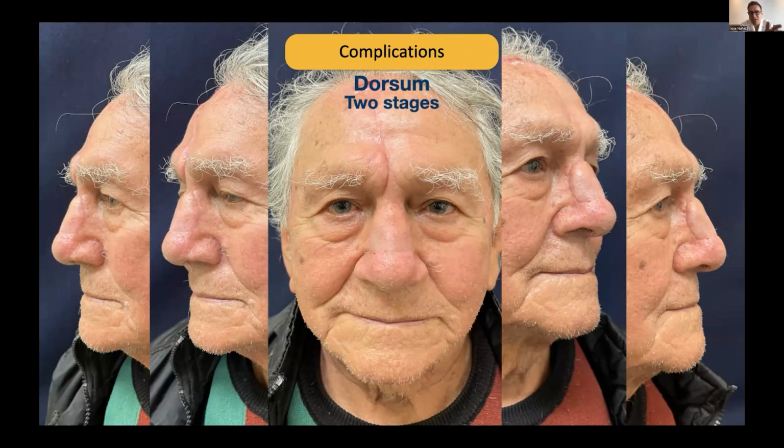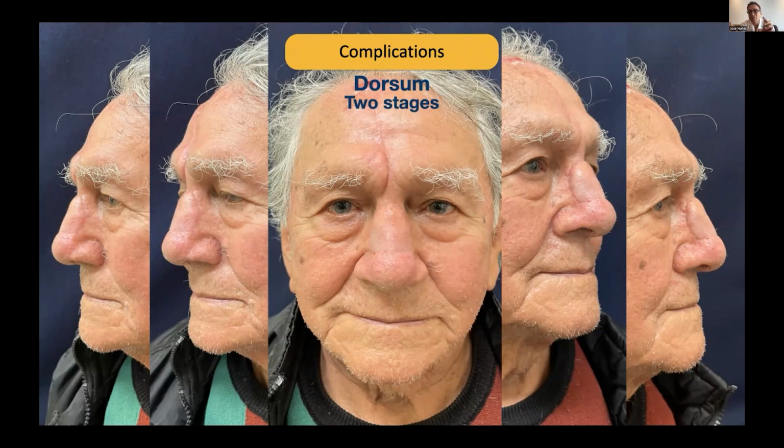What happened in this case is important to understand. When you cover the dorsum of the side wall of the nose, you use this part of the flap, which is containing the galea, because it's the normal procedure for the flap. Normally, you're going to have a thick flap.